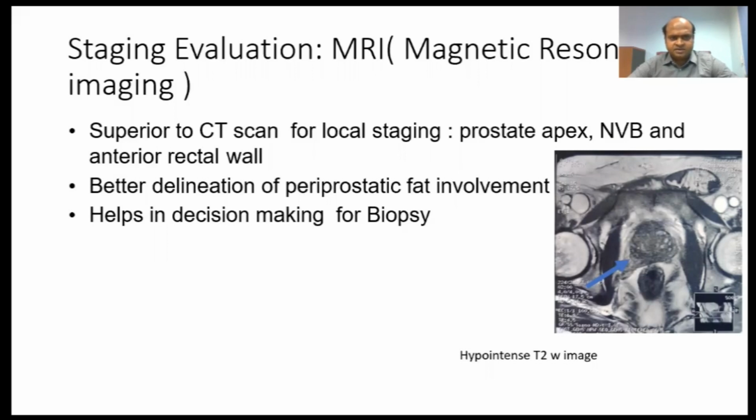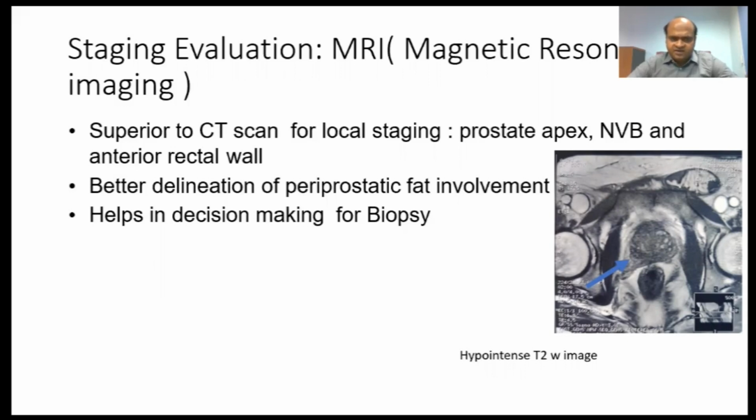It is definitely superior to CT scan for local staging because it has a better soft tissue resolution and gives you minute details regarding involvement of the prostate cancer into the surrounding structures like the neurovascular bundle and rectal wall. It also helps in determining whether prostate cancer is involving the prostatic apex or not. It better delineates the periprostatic fat involvement.